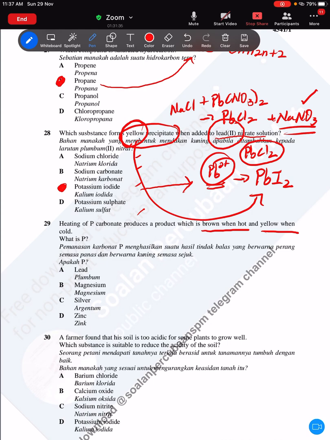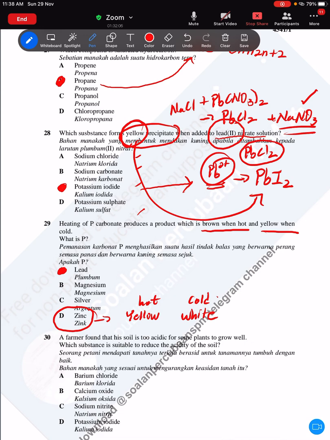The rest? Very good. That's the answer. Students are always confused with zinc. You must keep in mind, if you are using zinc, it is yellow when hot, and it becomes white when it is cold. For zinc. Students are confused. That's why I'm highlighting this.